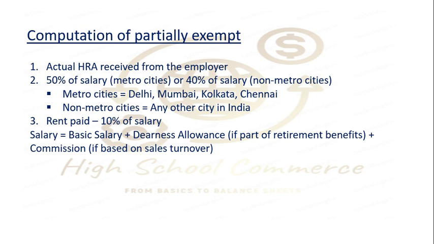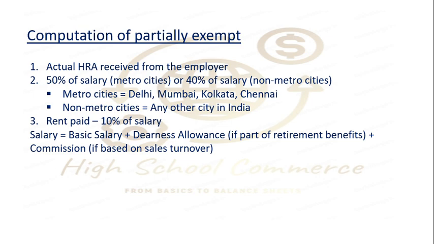Government has given these three conditions. Number one, actual HRA received from the employer. Whatever amount you have received from the employer, that would be the maximum exemption, because the exemption will be the least of the following three alternatives, which means that exemption cannot be more than the total amount you have received.